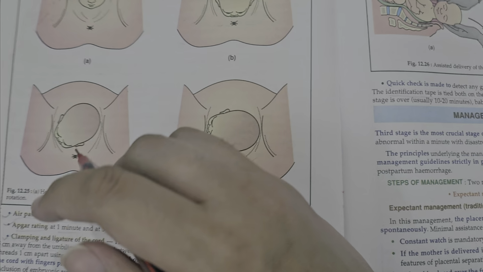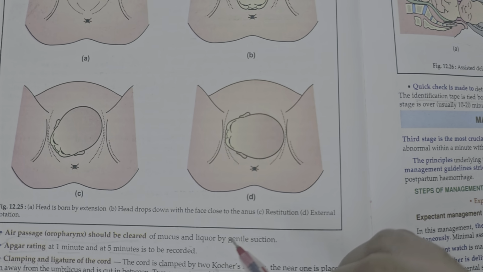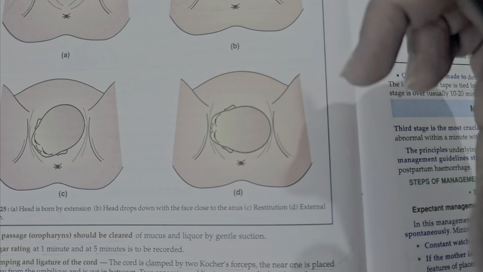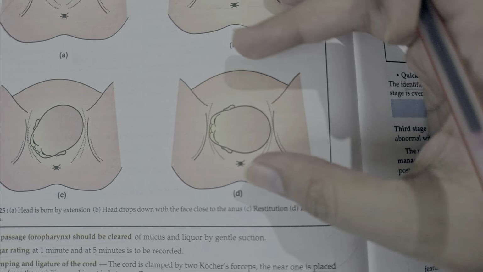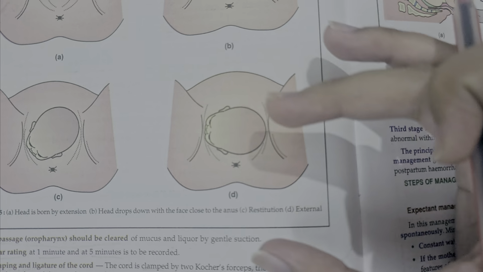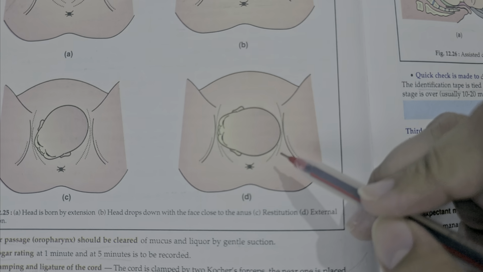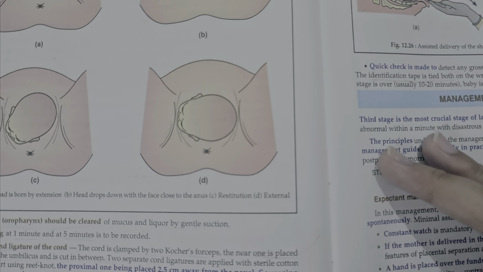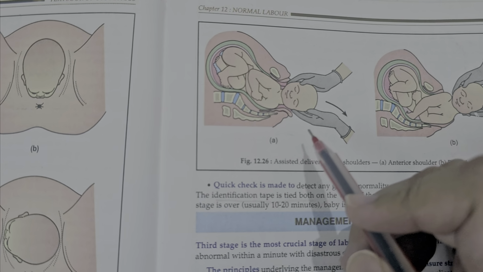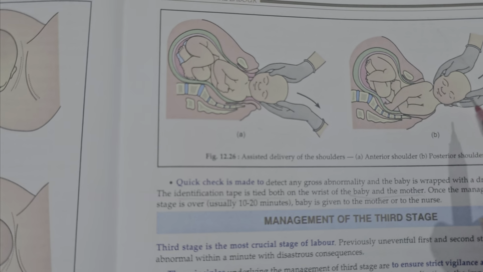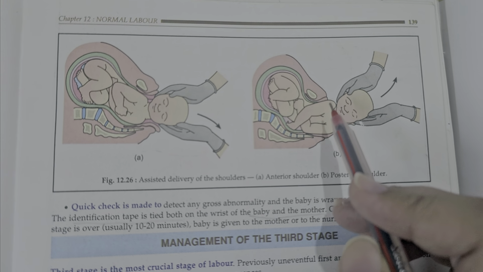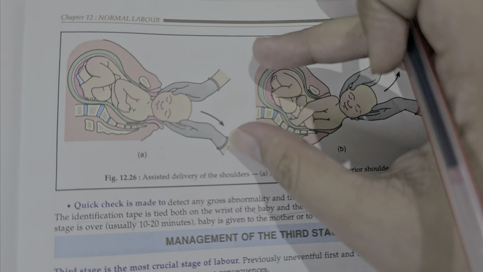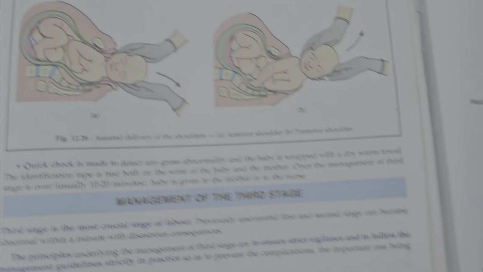Okay, after restitution, what happens? External rotation. Now the twisting of the head comes to 100%, 50% restitution and then 100% restitution done by external rotation, and then the shoulders are easily delivered, the anterior shoulder and posterior shoulder. After that, complete trunk delivery happens.